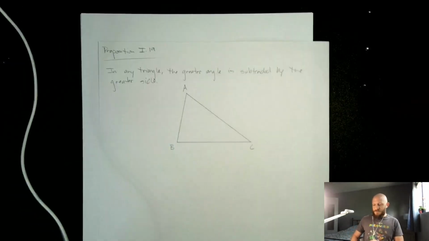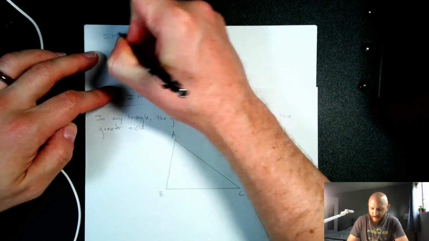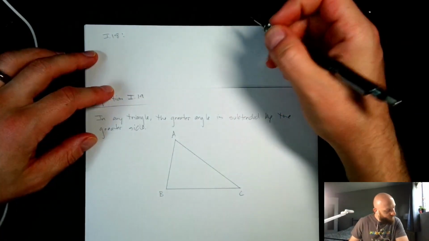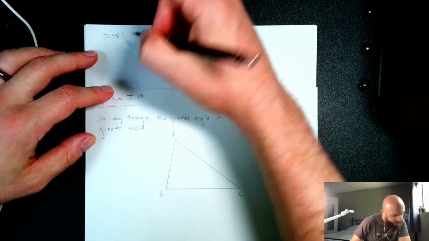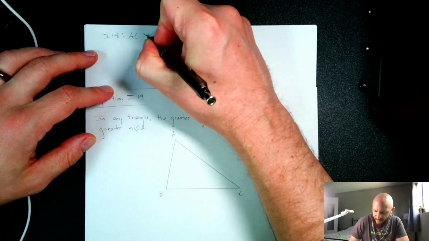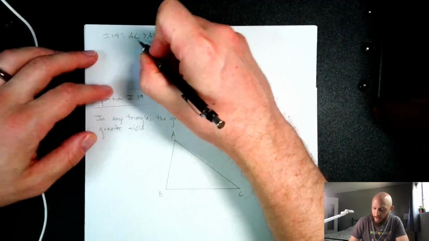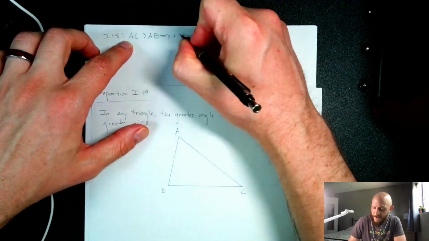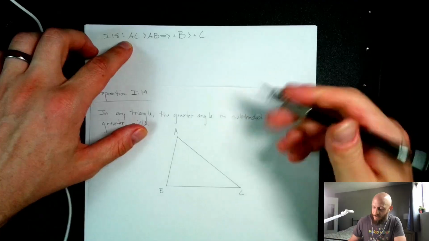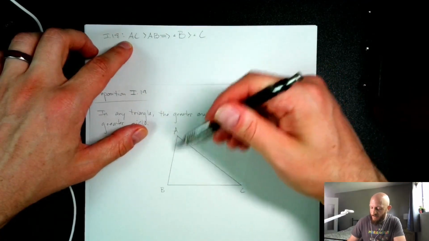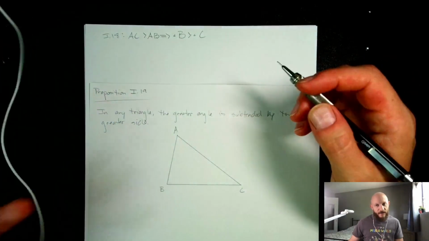So Prop 18 is saying that if AC is greater than AB, then, AC would be opposite B, then angle B is greater than angle C. So if AC is longer than AB, then angle B is greater than angle C. That's what Prop 18 is saying.